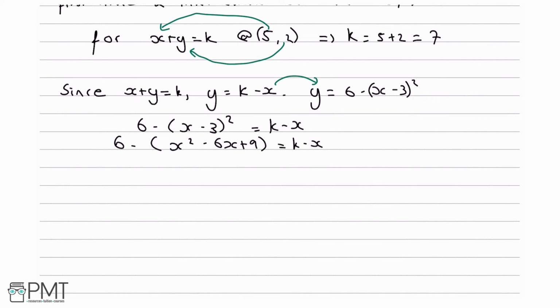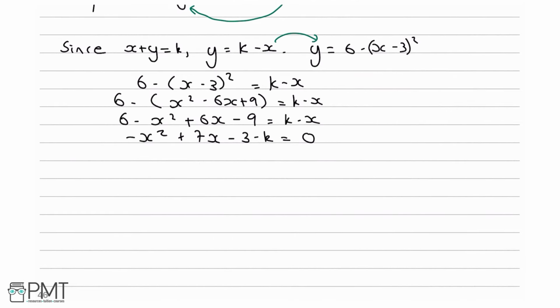So we have 6 minus x squared plus 6x minus 9 equals k minus x. Now rearranging, we will have minus x squared plus 6x, we will take this minus x and bring it to the other side to get 7x, so plus 7x. And then we are left with 6 minus 9, which is minus 3, and then minus k. So minus x squared plus 7x minus 3 minus k equals 0.